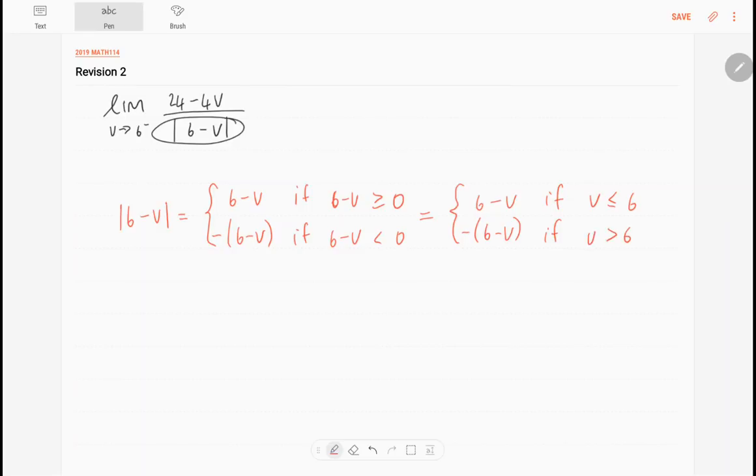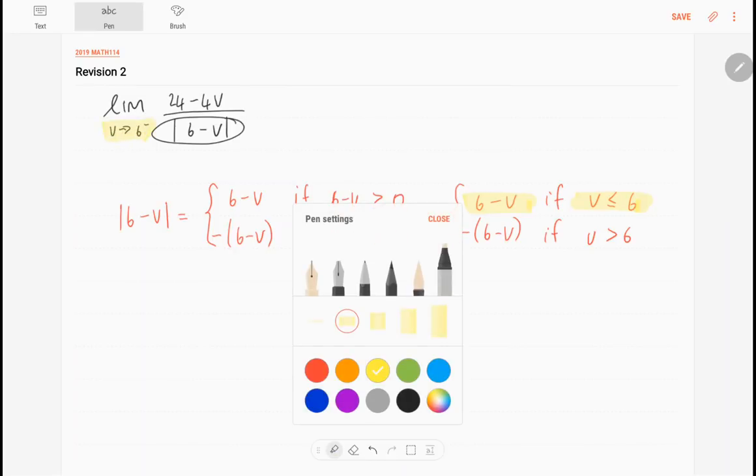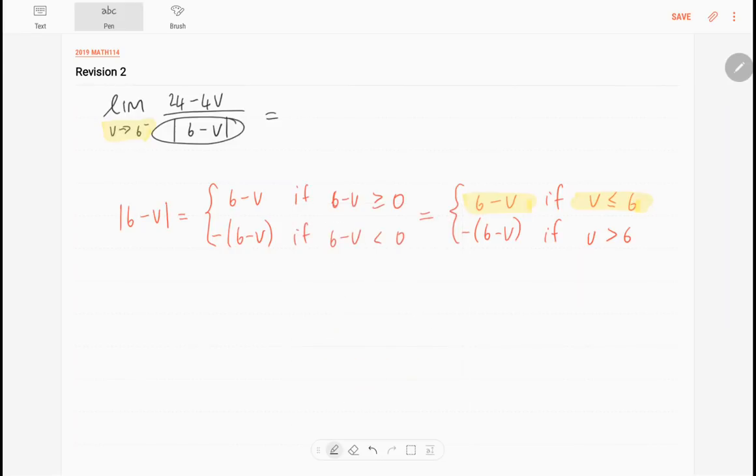So in the limit that we have to work out, v is approaching 6 from the left. That means when v is approaching 6 from the left, it is less than or equal to 6. So in other words, we are working with this case. So our limit is going to be equal to the limit as v approaches 6 from the left.